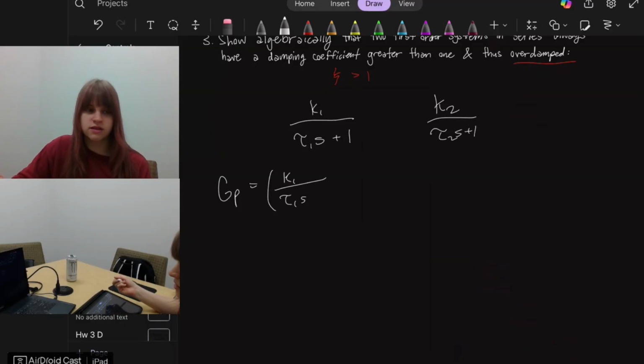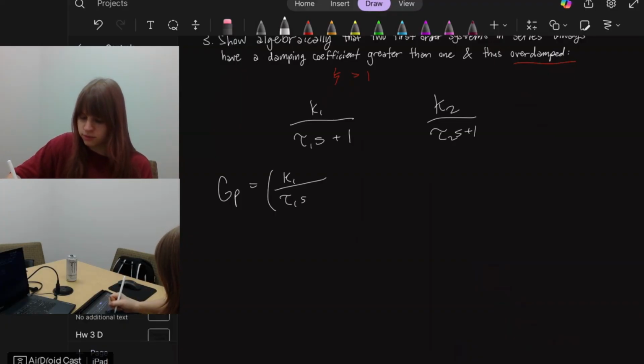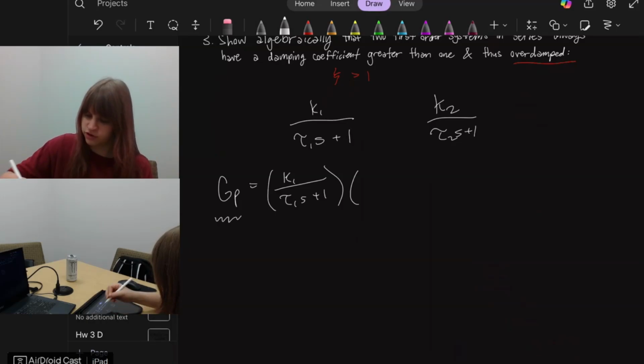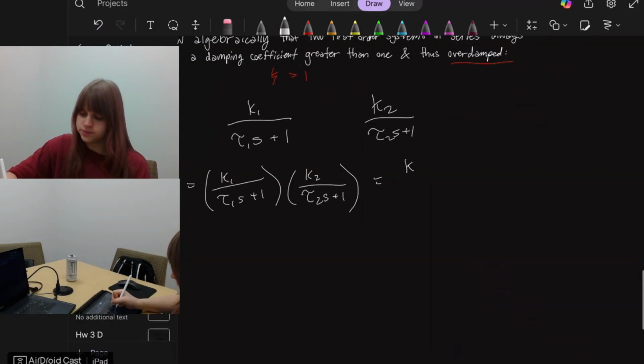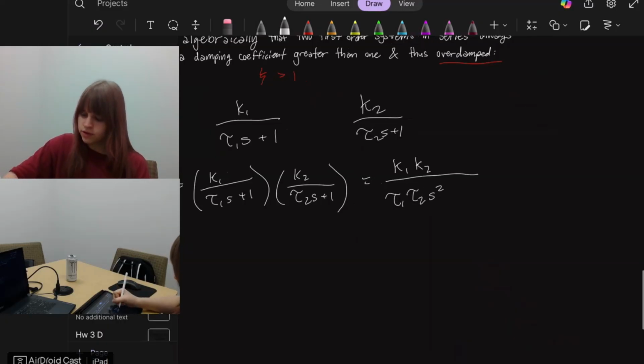So with them being in series, we would multiply the two by each other. This is our process transfer function for the system: K1 over tau 1 s plus 1 times K2 over tau 2 s plus 1 is equal to K1 times K2 divided by tau 1 tau 2 s squared plus tau 1 plus tau 2 times s plus 1.